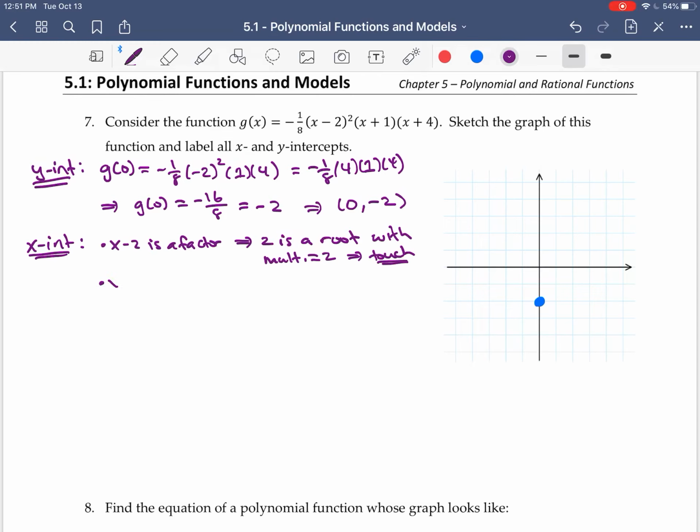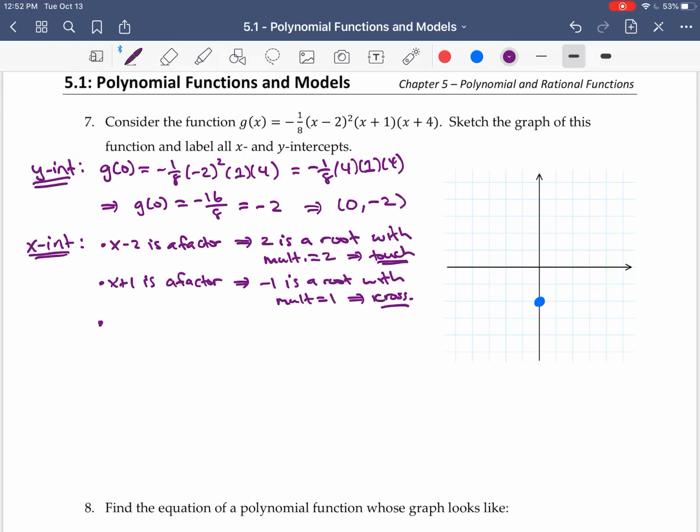Now x plus 1 is a factor, so that means negative 1 is a root, and here it has multiplicity equal to 1, so that one is going to cross the x-axis.